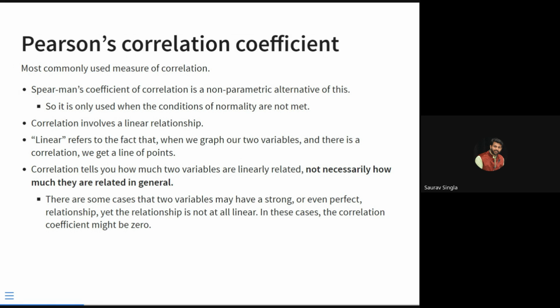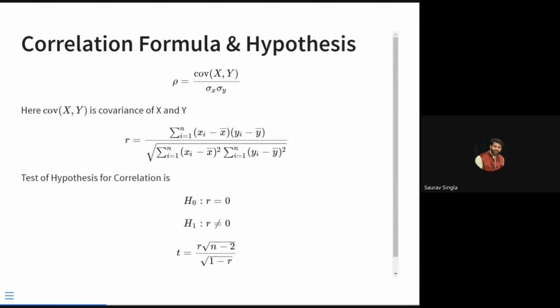Okay, this is basically the degree of a relationship between two variables. That is what correlation is. There is also a very beautiful thing about correlation, which we will discuss in the next slide.